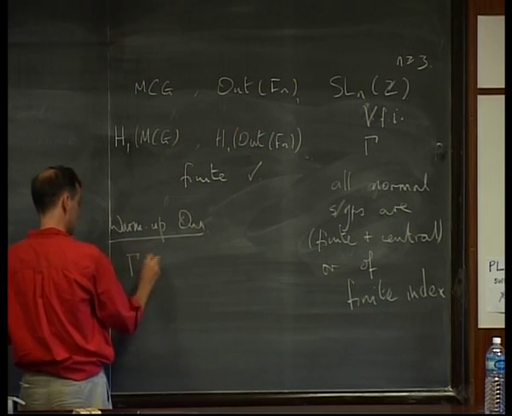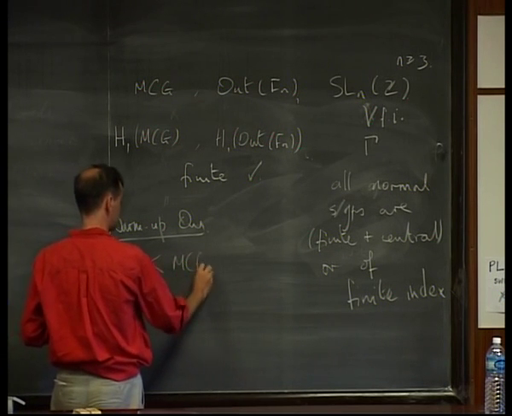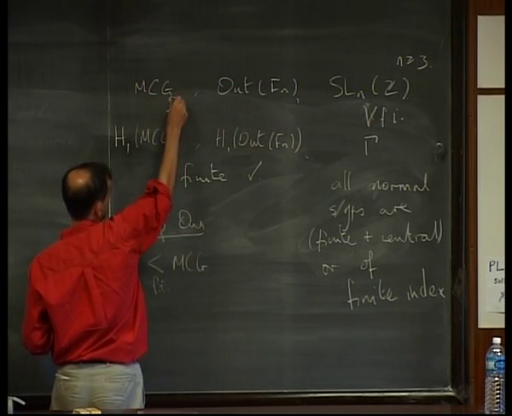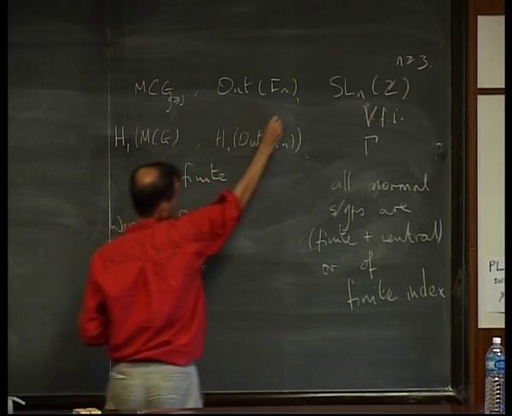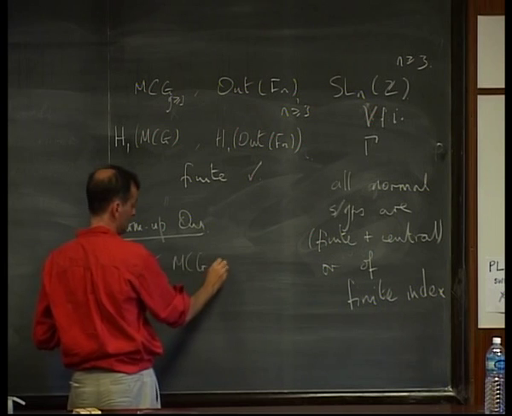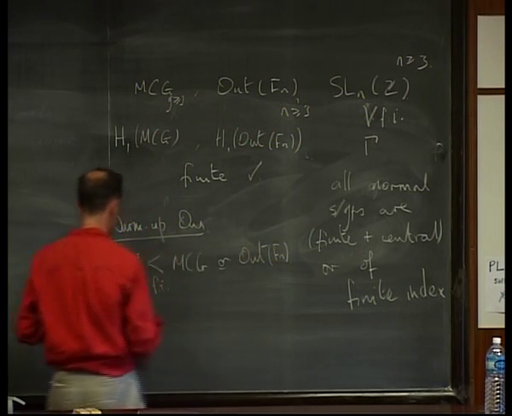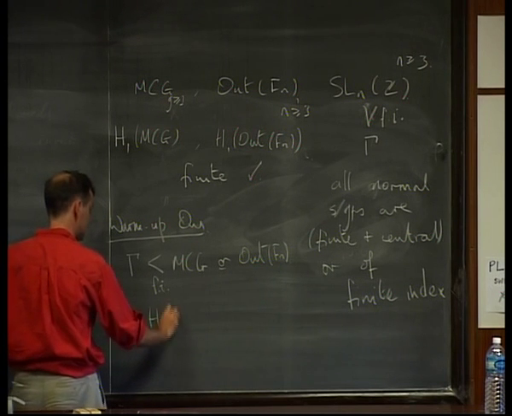is if you take a finite index subgroup of a mapping class group, in here the genus should be at least 3, always, or of Out(F_n), then is the abelianization finite?